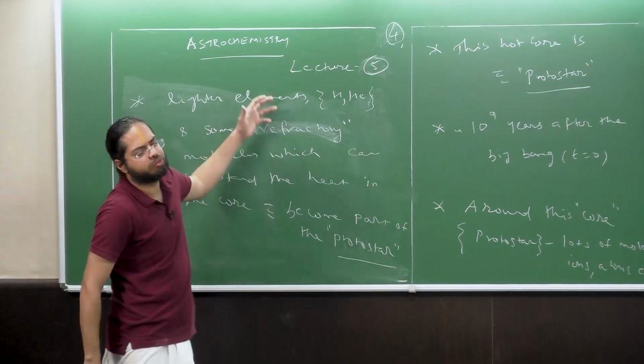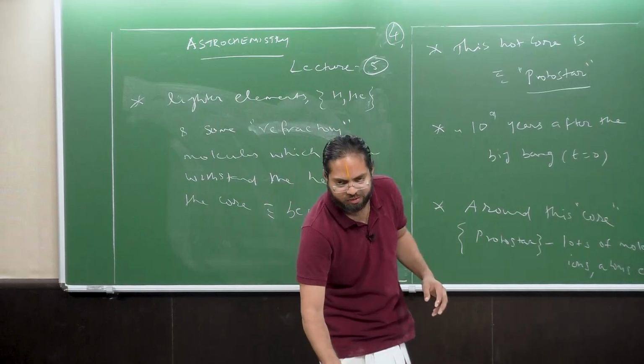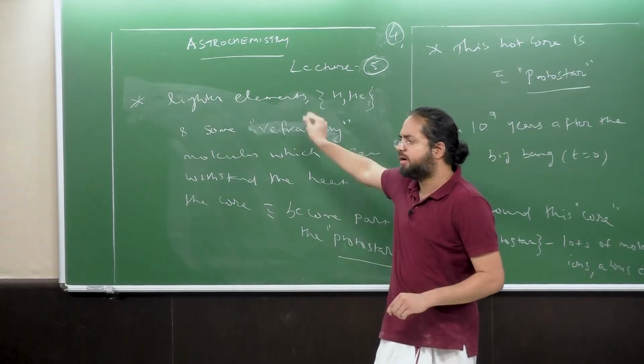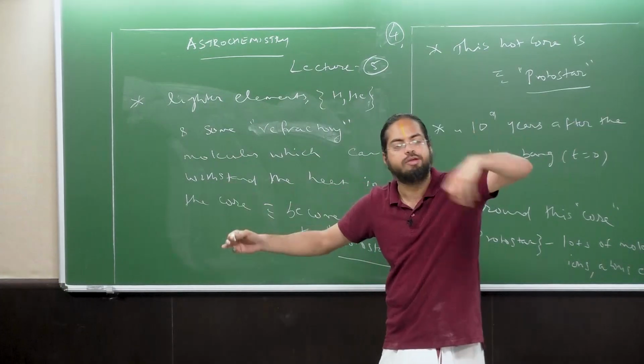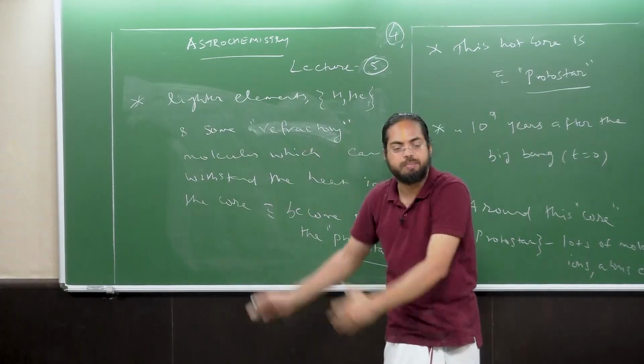And eventually, subsequent nuclear fusion happens in the protostar itself, such that you have what is called stellar nucleosynthesis, and within this core, newer elements are formed, and the protostar eventually becomes a star.